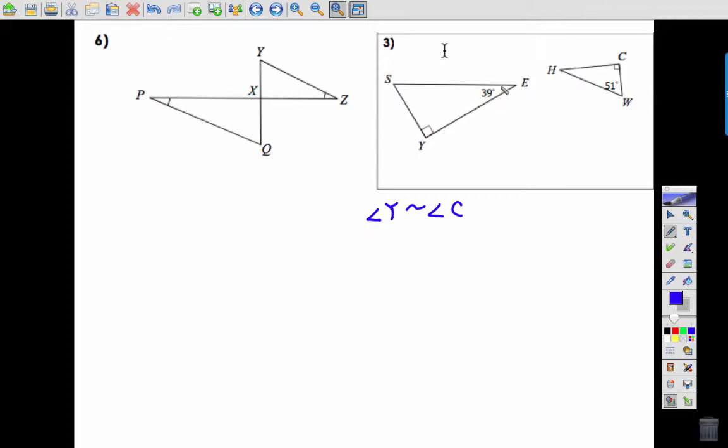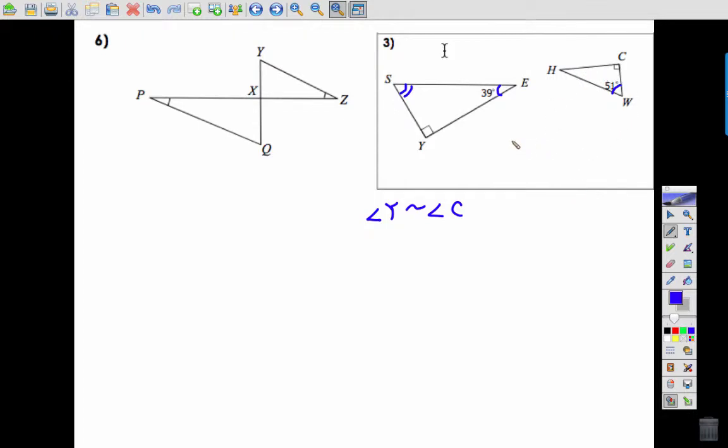But angle E is 39 and angle W is 51, so they're not congruent. So I'm tempted to say that they are not similar. However, just to be careful, I want to find out what angle S is worth.